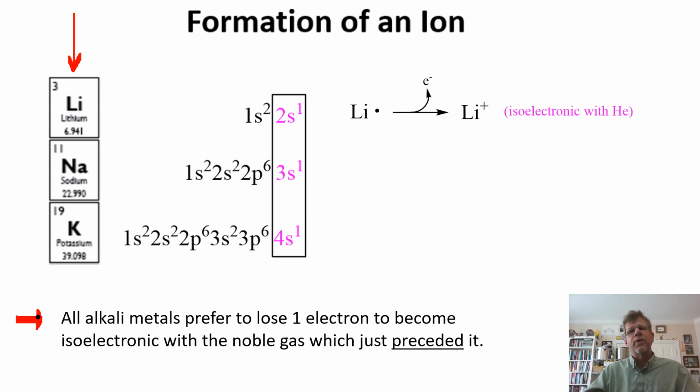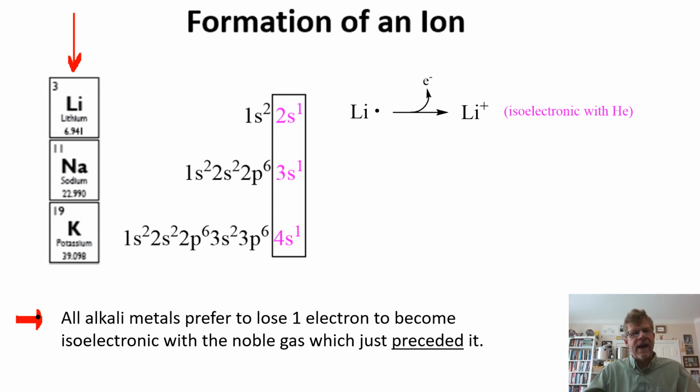So lithium, with its one electron, loses that electron to become singly positively charged, and that's okay, because now it is isoelectronic with the noble gas helium. It prefers to be that way. Typically, a neutral lithium atom is uncomfortable compared to a singly positively charged lithium ion, which is much more stable.